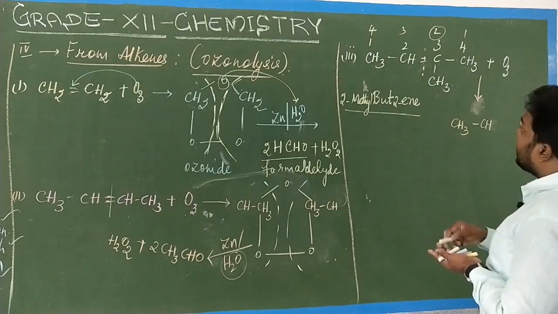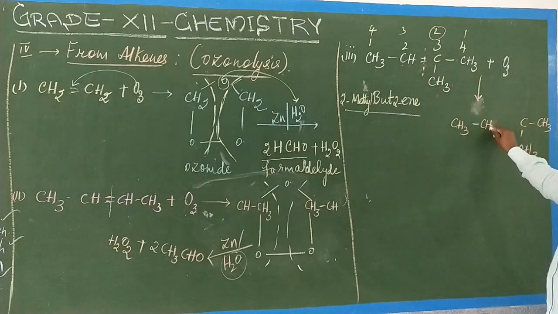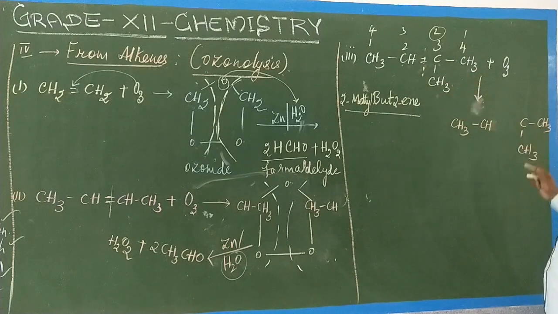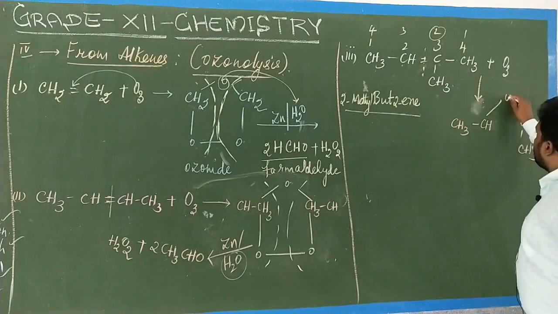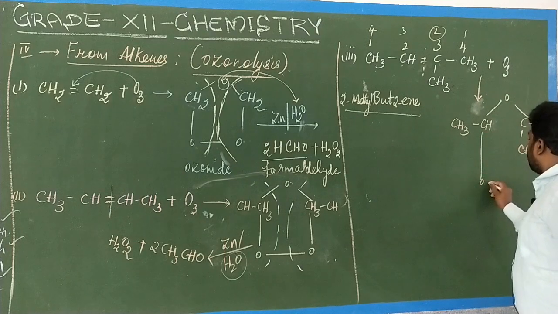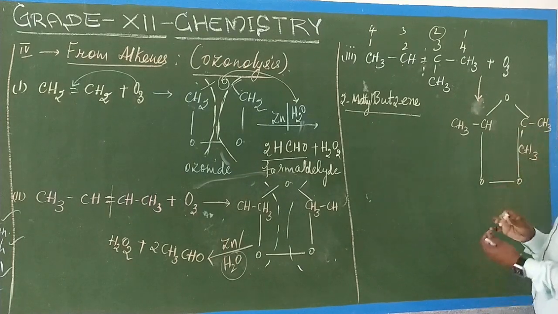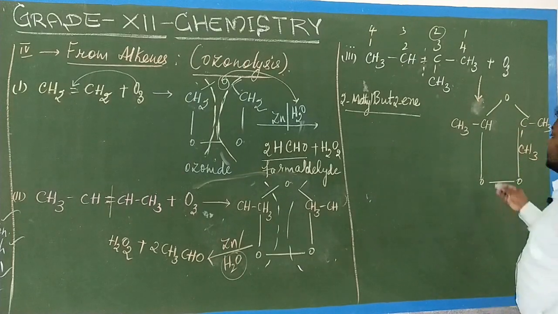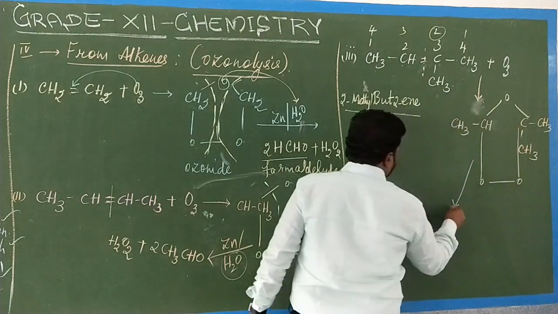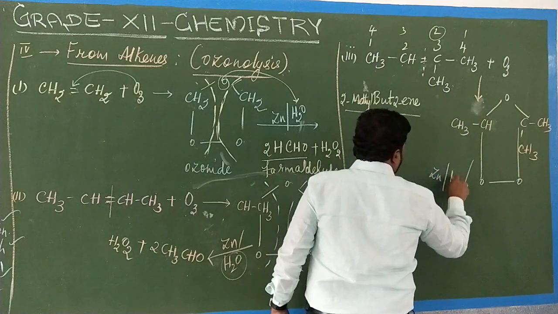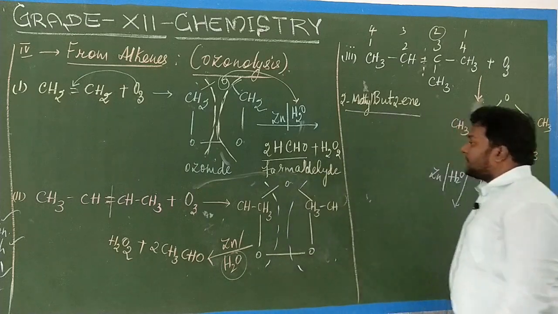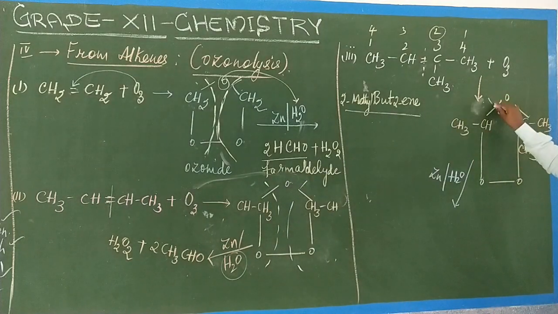So here the cleavage happens. CH3CH I have written, CH3C(CH3) I have written, and oxygen will be three. Now you cleave the bond. This has to be treated with zinc and water. So on treatment with zinc and water, the cleavage will take place like this.